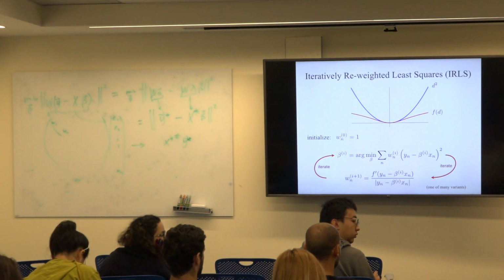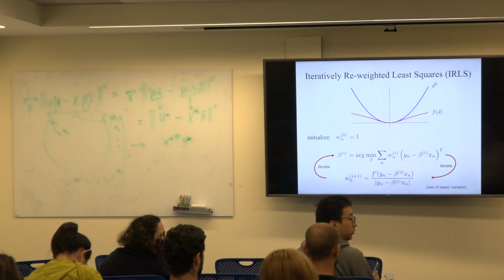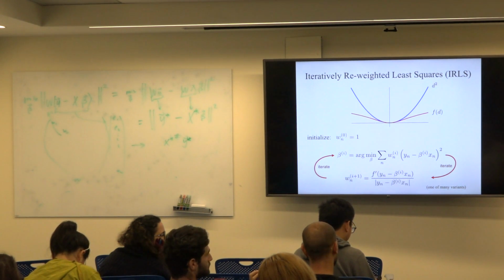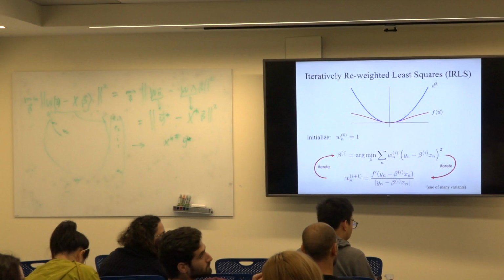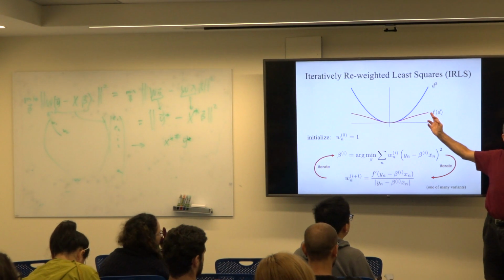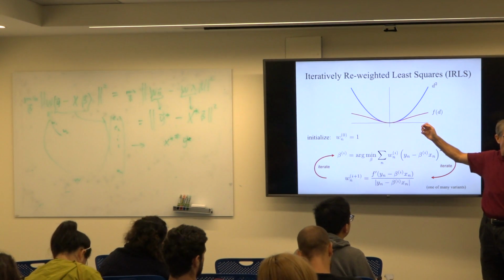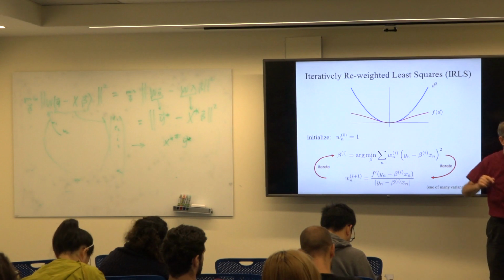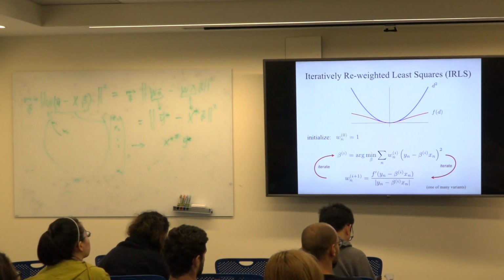Yeah, question? So when we iterate, just to try to get the best fit, is that when we run into issues of maybe now we're starting to also fit the noise of our data? No, we're not increasing dimensionality at all here. All we're doing is determining which points are outliers by how much and reweighting them so that we're effectively using a robust error metric rather than this non-robust, outlier-prone error metric.